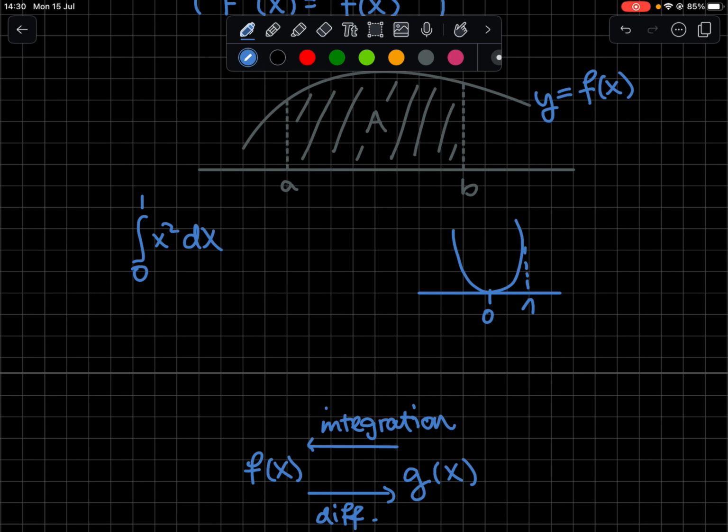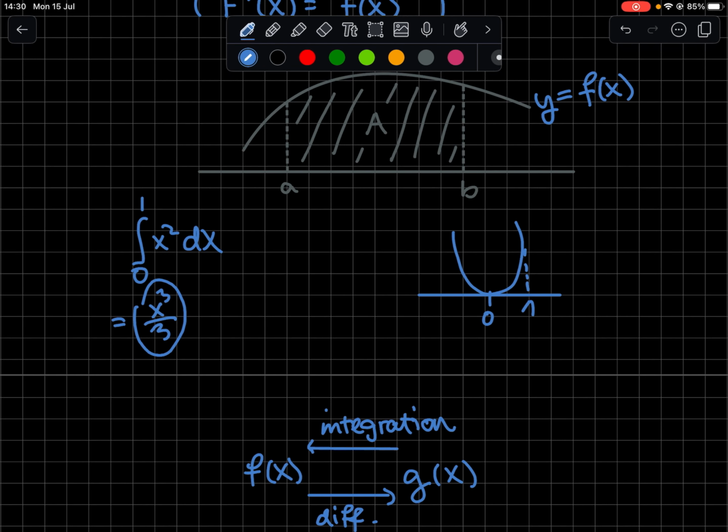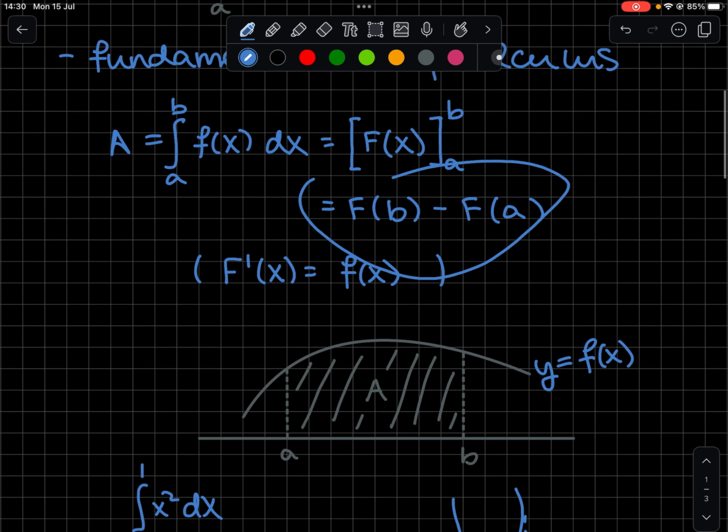Okay, what function can we differentiate to get x squared? How about x cubed over 3? And indeed, that works. If you differentiate this, you get x squared. And we need to maintain the integration limits, 0 and 1. And then we just apply this formula.